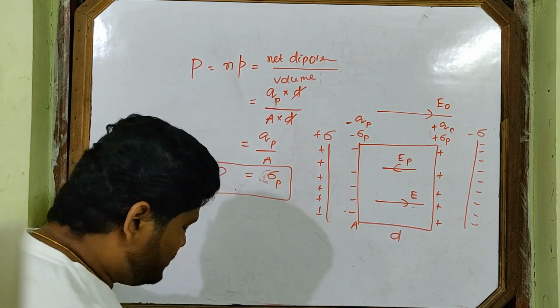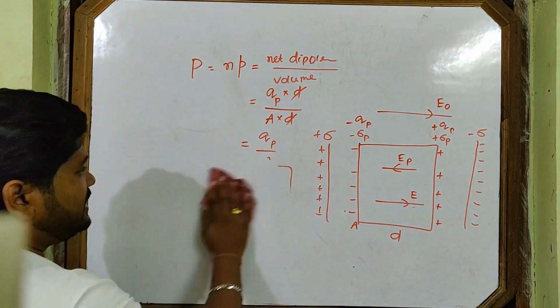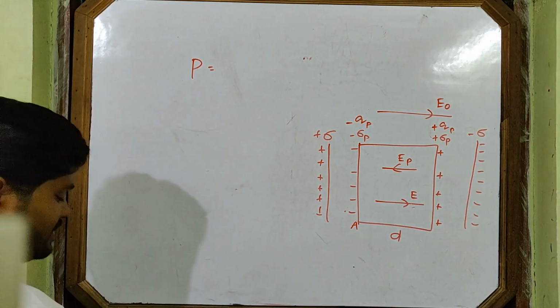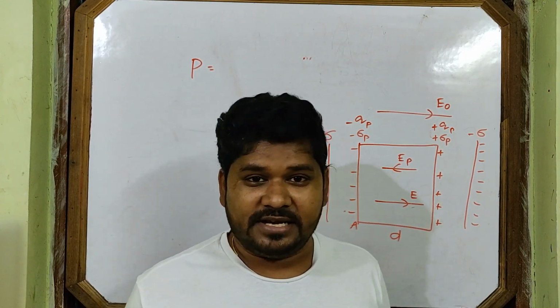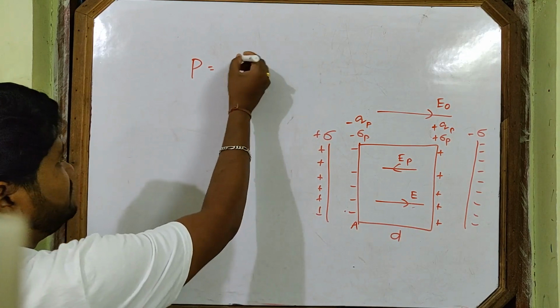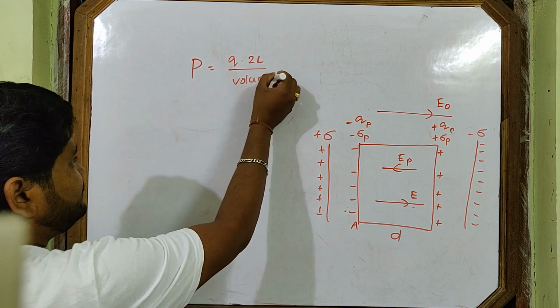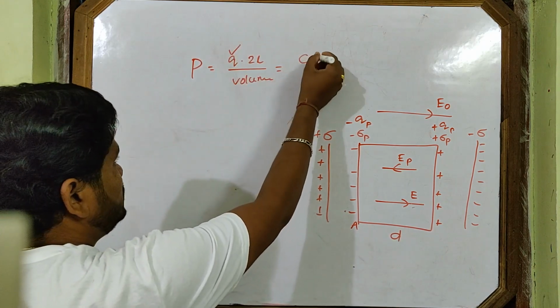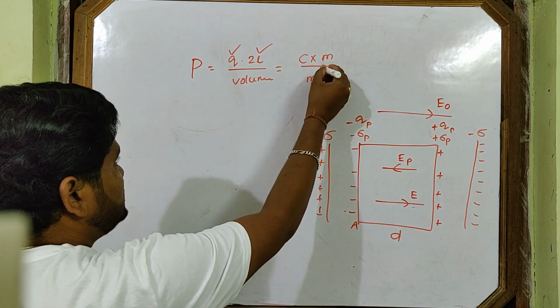Okay, so this is about polarization. Now we also got one piece of information from here. The unit and dimensional formula of polarization always come in the exam. Unit: this is dipole moment by volume. Dipole moment is Q into d, coulomb meter, by volume, meter cube.